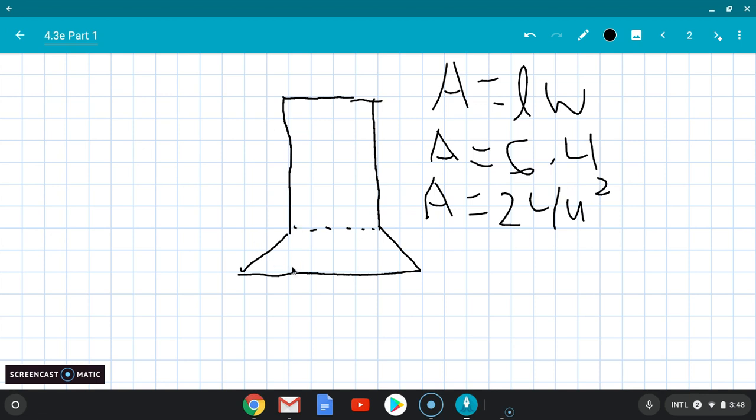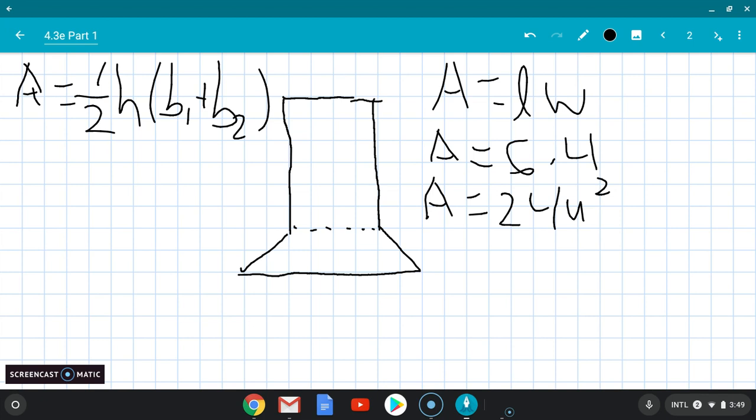Now, the tricky part's going to be finding the area of this trapezoid. Remember, our area formula for a trapezoid is A equals 1/2 times the height times base 1 plus base 2. So let's fill in what we can here. My height is the distance between my two bases, and the bases are the two parallel sides.